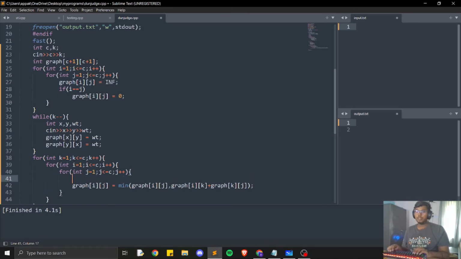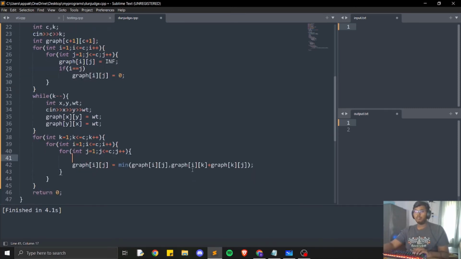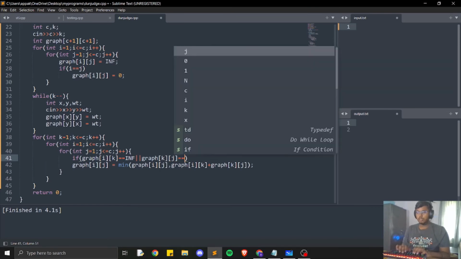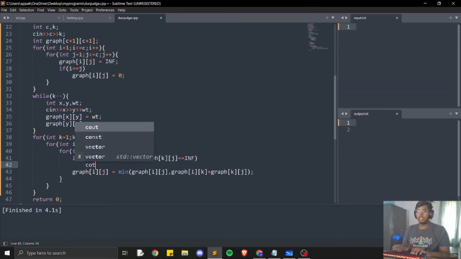Now what happens if graph of i to k or graph of k to j is infinite? That means there is no path between them. So if graph of i to k is equal to infinite, or graph of k to j is equal to infinite, we will basically continue.